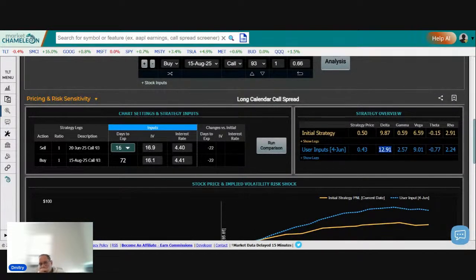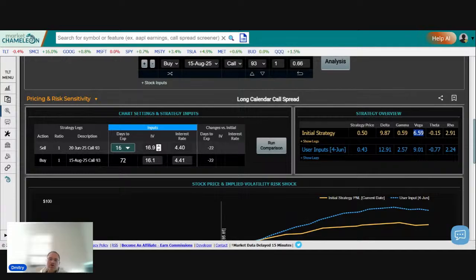Now, what if we change the assumption and said, well, the real reason we got into this spread in the first place is because we think that the implied volatilities will increase. We're long vega. So let's increase the implied volatility of both.